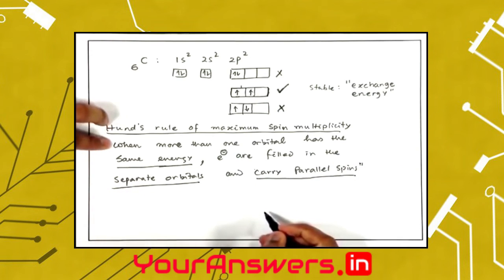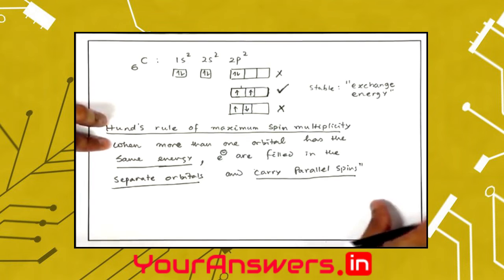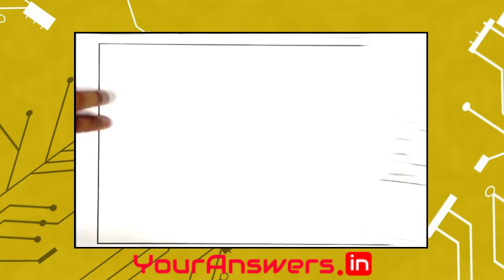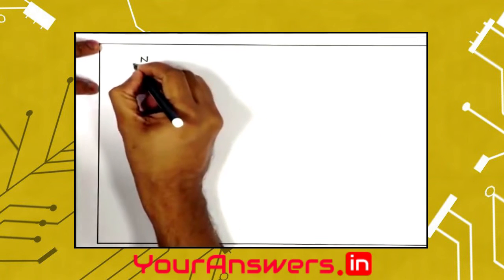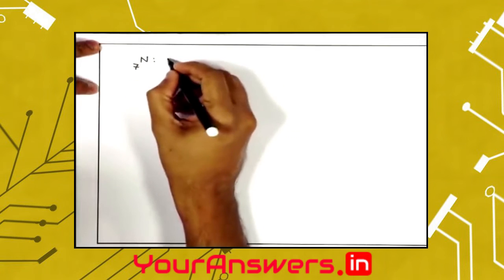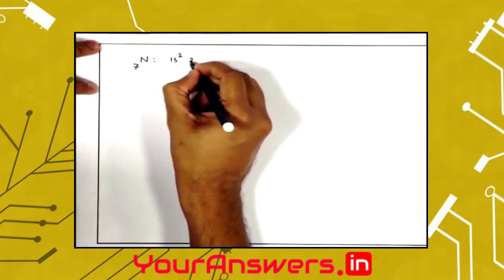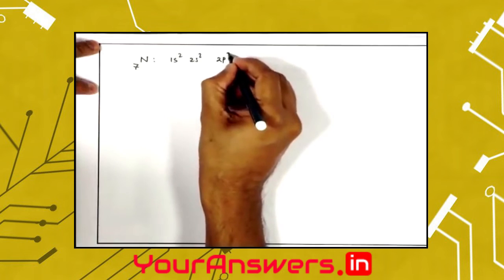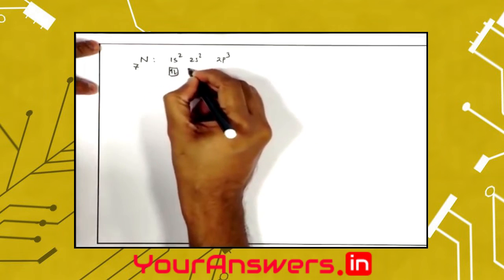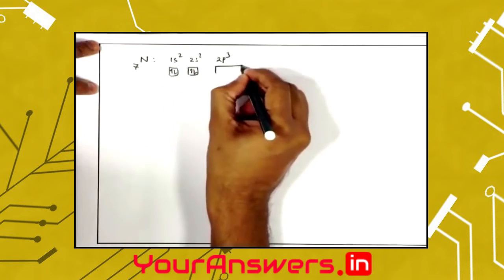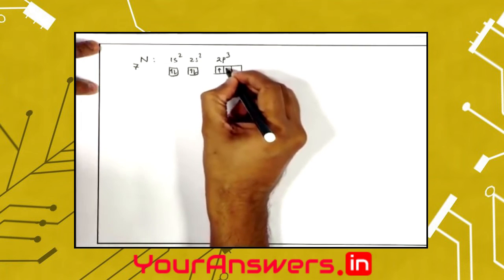Now, we can take this argument further. I'll try to fill the electrons in nitrogen. Nitrogen has 7 electrons. So, 1s2, 2s2 and 2p3. I have 2 electrons here, 2 electrons here, and I'll fill like this.